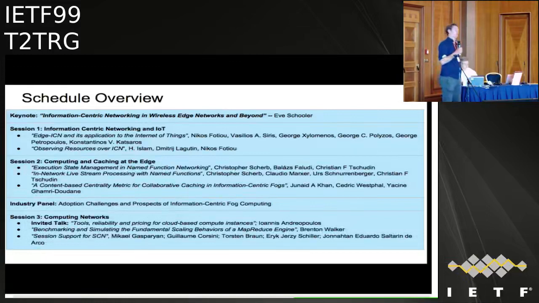In the second session, there were two papers about this named function networking idea that I mentioned earlier. This is the idea that, for example, in an ICN request, you would specify not only the name of a static data item, but actually something like a function expression. This can be evaluated by the network in different ways, perhaps depending on the dynamic network or resource availability.